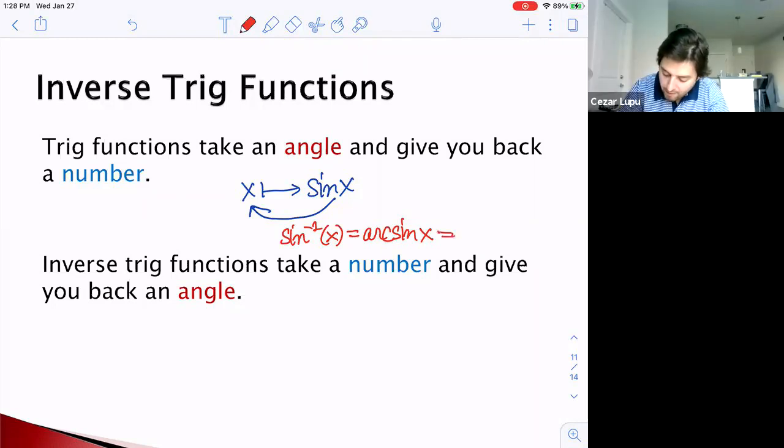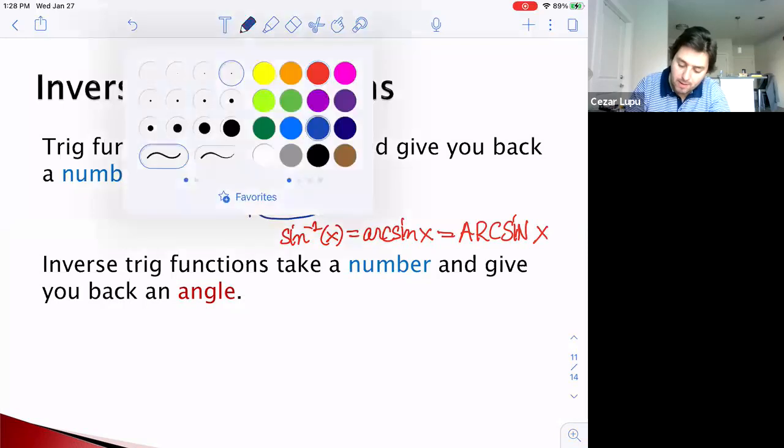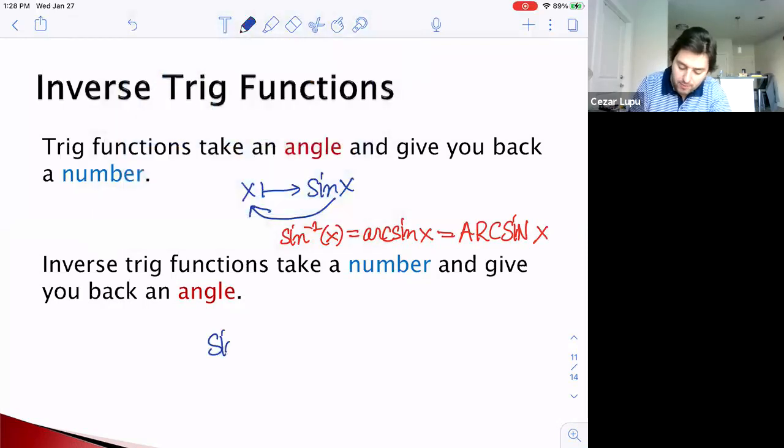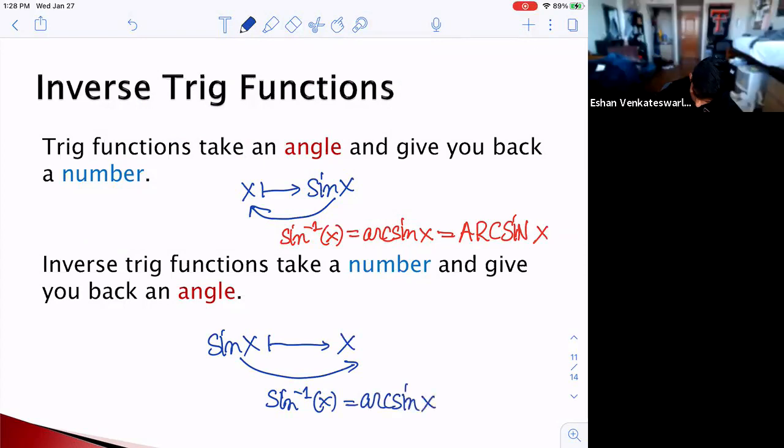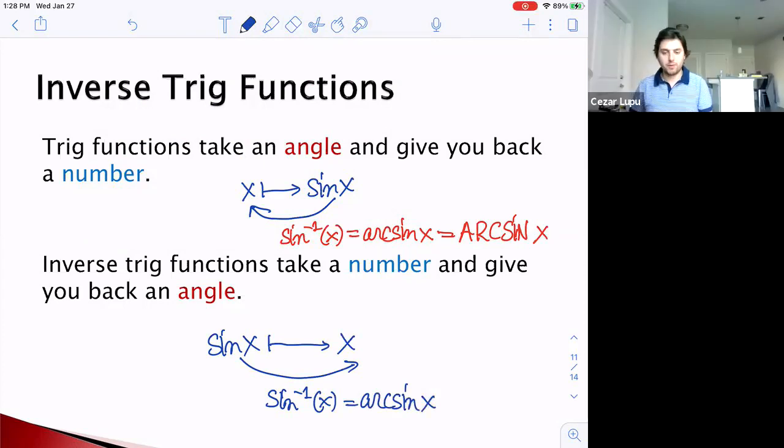Okay, I'll write it here. Arc sine of x, or sine inverse. So in other words, let me write it again. If I want to go back from sine of x to x, I'll do it through sine inverse or arc sine of x. So that's what we're going to do.